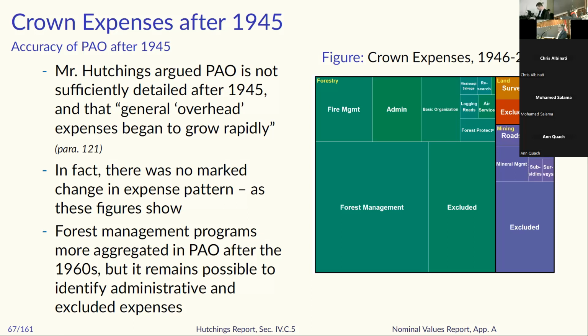And when I believed that those particular items in the accounts included non-relevant categories like parks, I did my best to take them out. Are the amounts of excluded expenses bigger in the second figure on slide 67 than in the first figure? Yes.